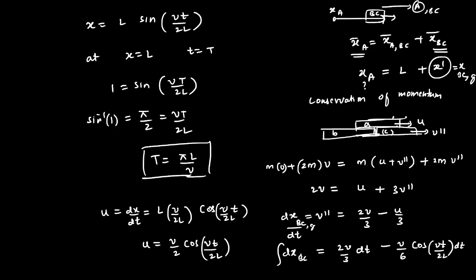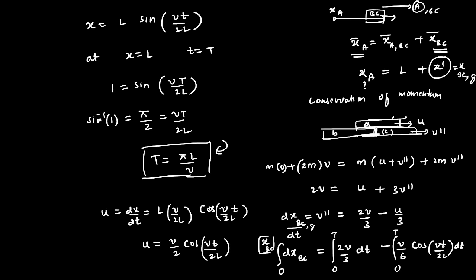Now let's integrate this. We have to integrate up to the point where it stops, right? So t equals 0 to capital T, and here 0 to some displacement, and that is the displacement we are interested in. So this is our required displacement of the BC combination. Let's do that integration.